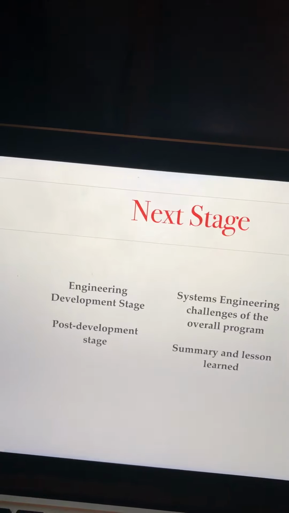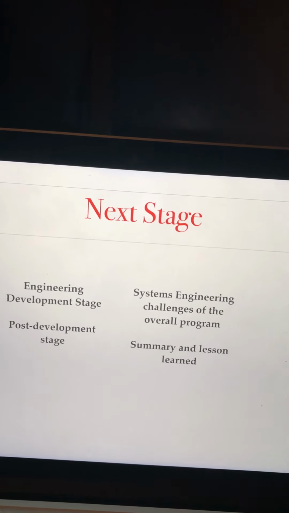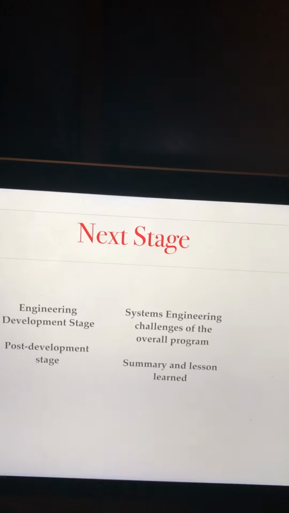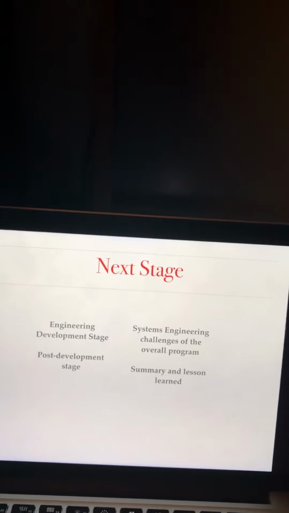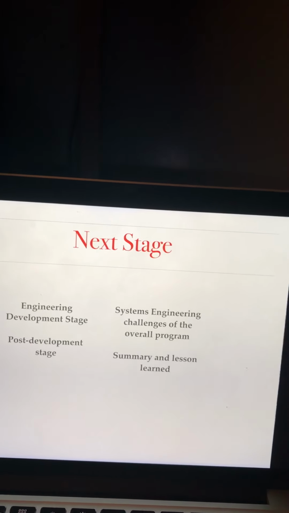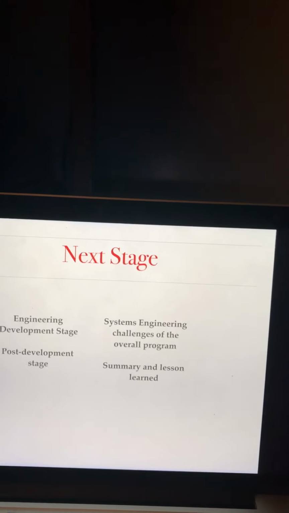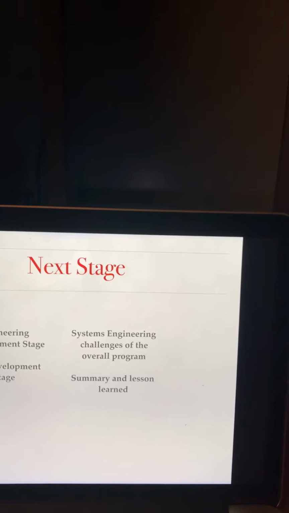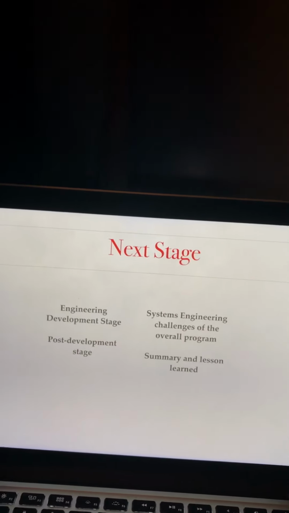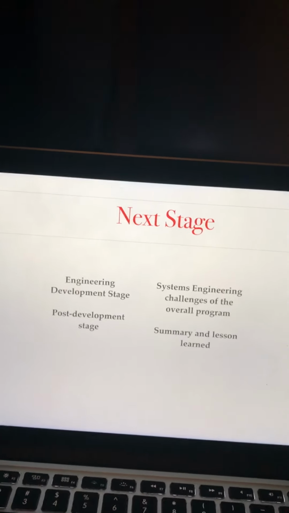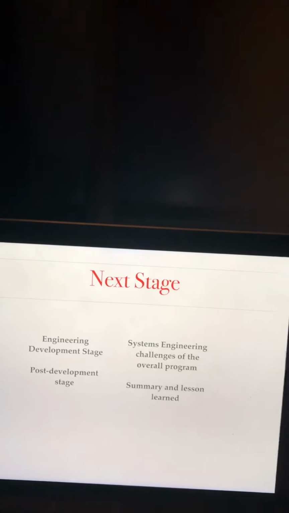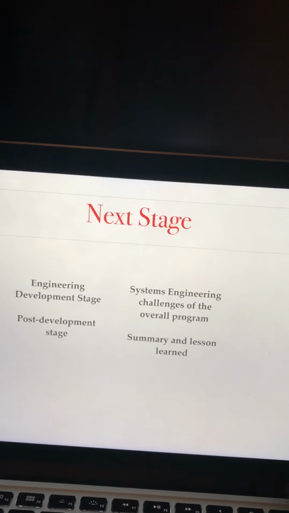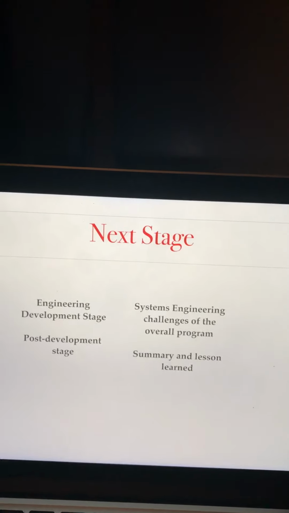I'm going to talk about the engineering development stage and the systems engineering challenges, and then I'm going to go to the post-development stage, the systems engineering challenges of the overall program, and the summary and lessons that I've taken from this case study, and what I've learned from the class itself, and how I can incorporate that with the lessons from this case study, and how these two can coexist together, and how the course has helped me to identify certain problems that I found in the B-2 case study and what I take from that.